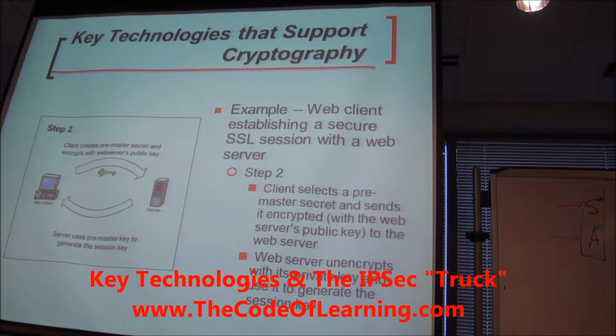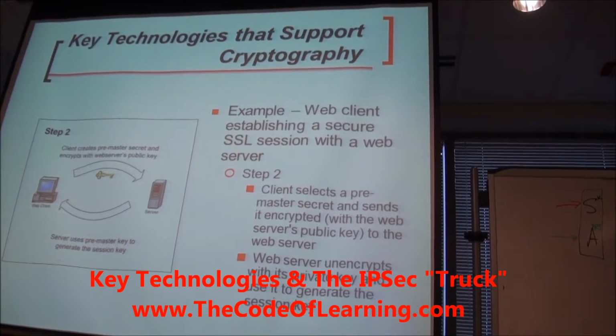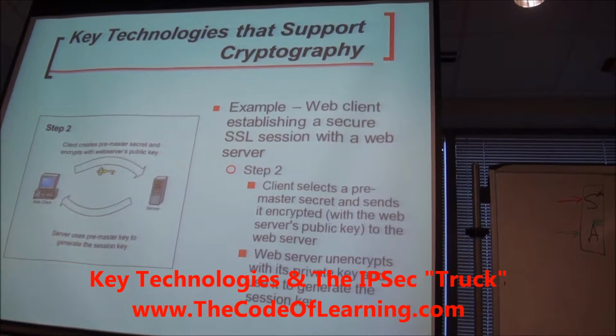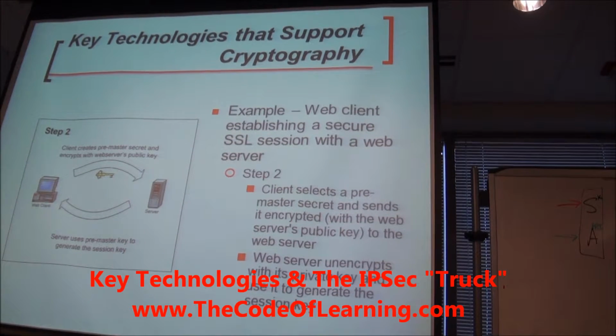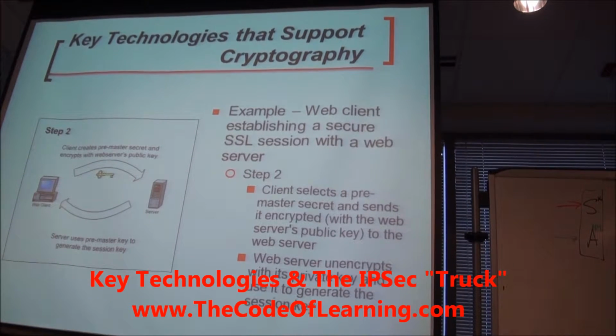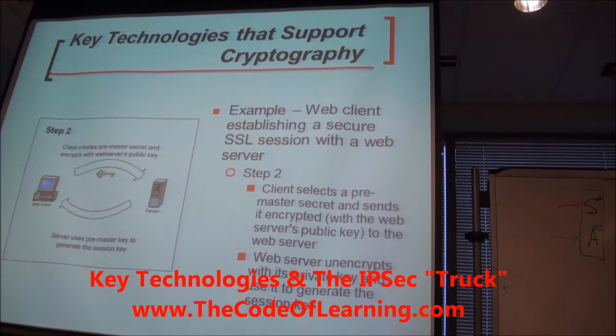So step 2, web client establishes a secure SSL session with the web server. The client selects a pre-master secret and sends it encrypted with the web server's public key. So think about it: the web server's public key is going to encrypt that. You're going to send it back over to the web server.